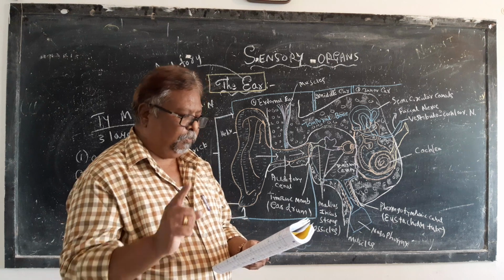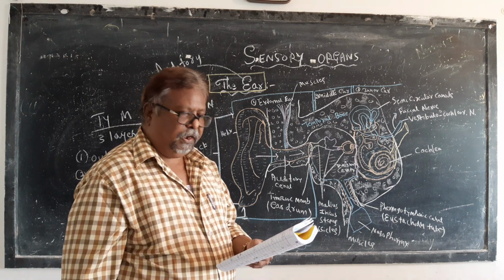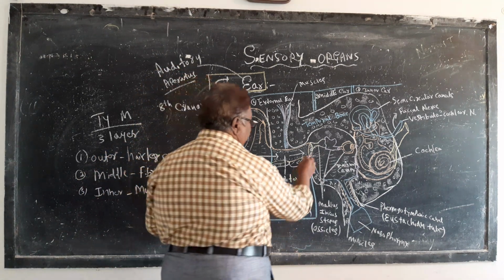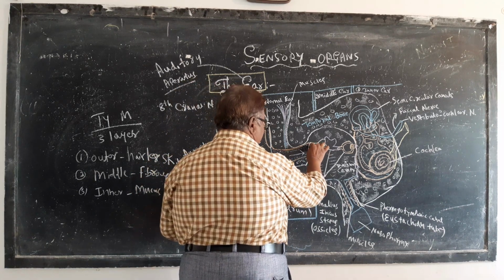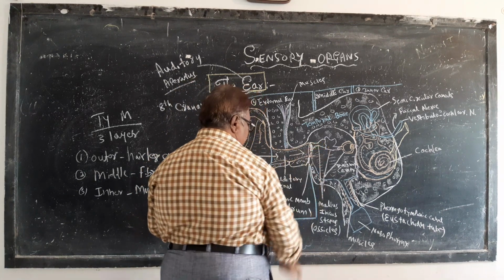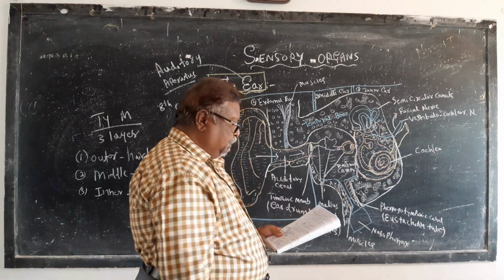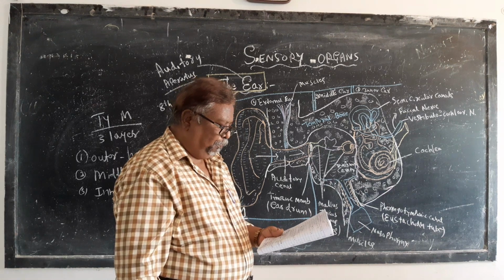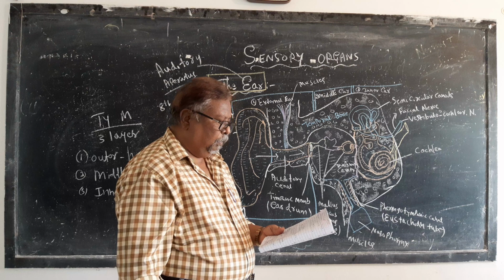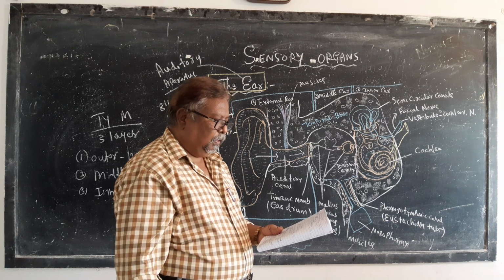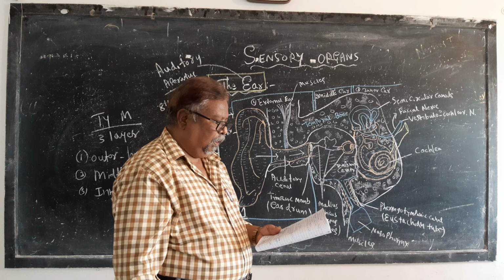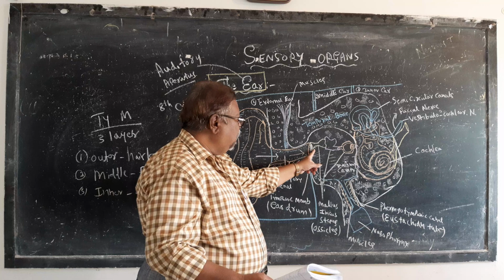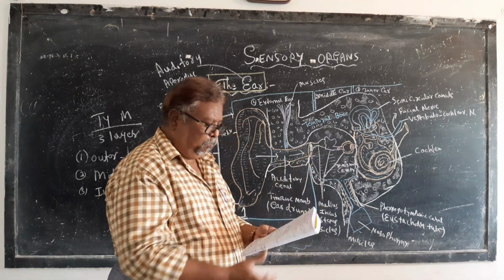That place is called the umbo. This is the handle of the malleus, and it is attached to the tympanic membrane.